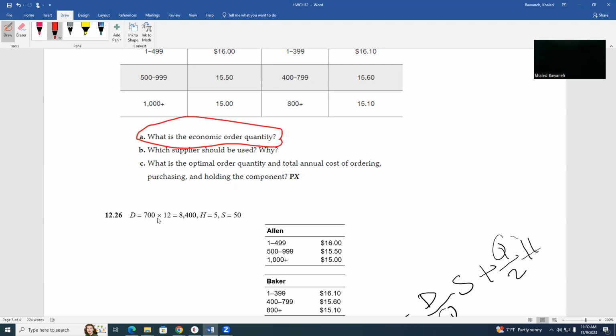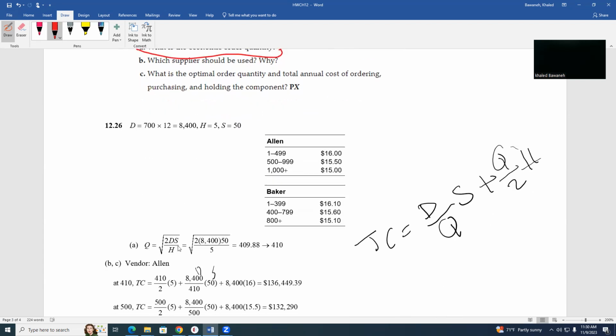You see, D is 700 times 12. H is 5. S is 50. So based on that, you find it: 2 times 8400 times 50 divided by 5.